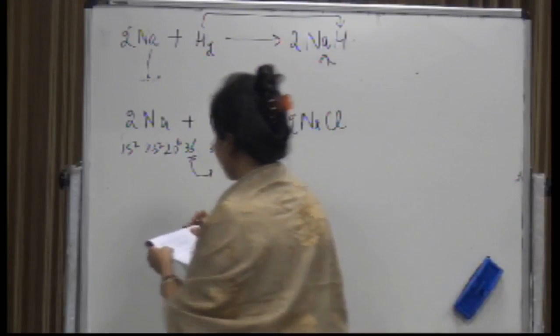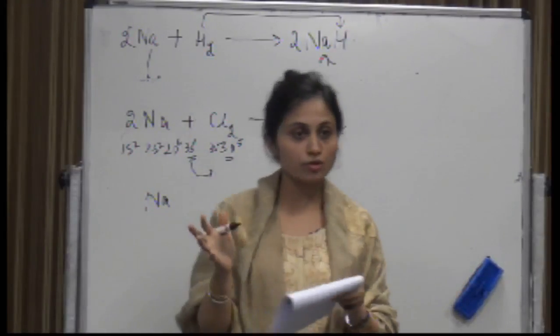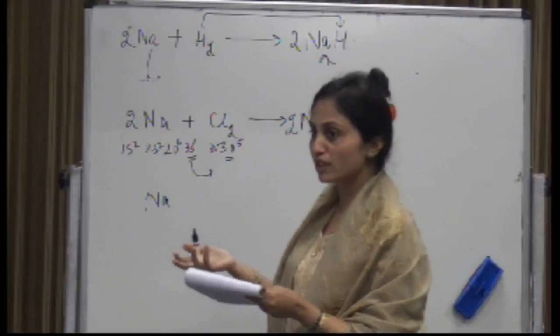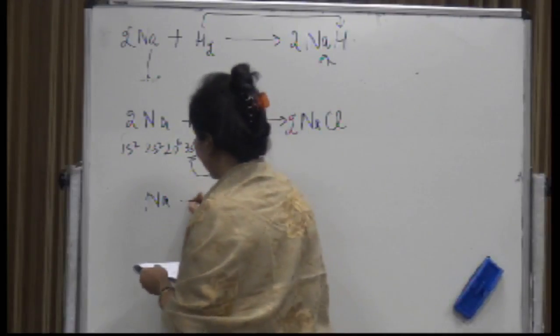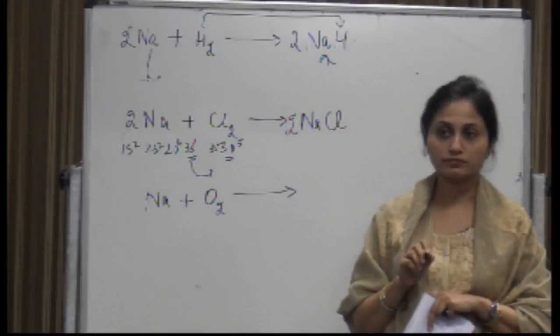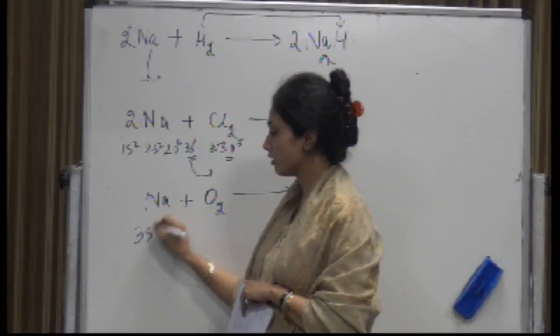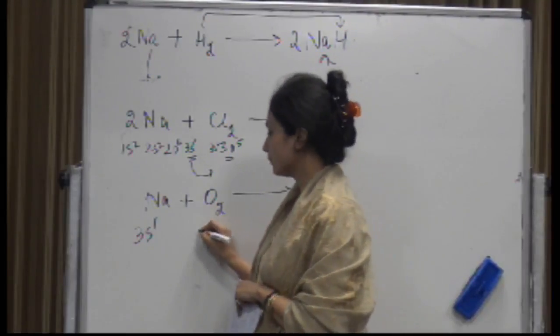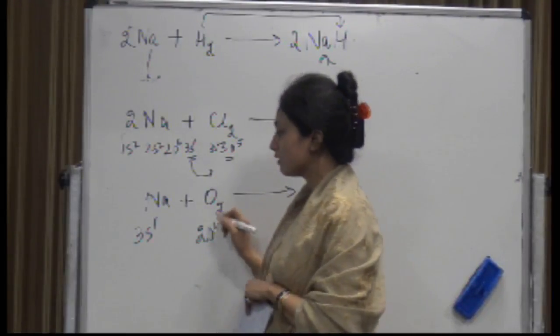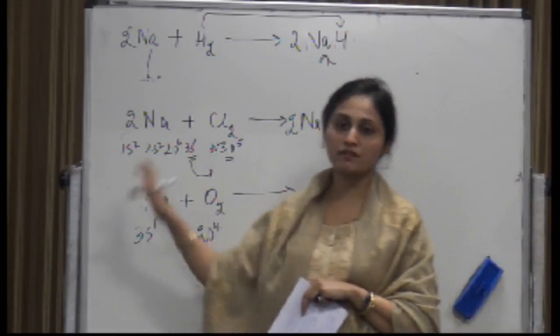Similarly, by looking at the configurations also you can just say, but we'll come to an easier point which is far quicker in a short while. Like you have Na plus O2 now. This is 3s1 and this would be 2p4. Again, this is capable of taking 2 electrons and that is capable of giving 2 electrons.